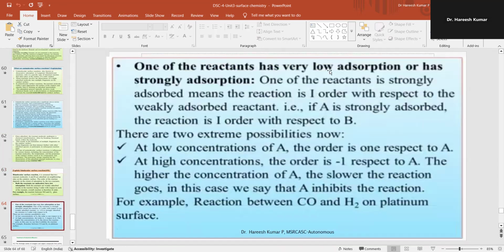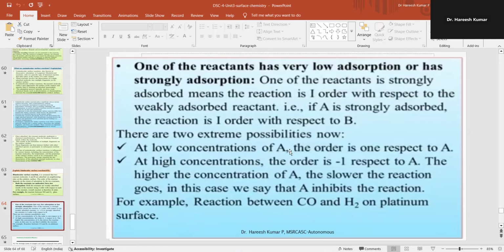In the other case, one of the reactants is strongly adsorbed, which means that the reaction is first order with respect to the weakly adsorbed reactant. That means if A is strongly adsorbed, the reaction is first order with respect to B. There are two extreme possibilities now.